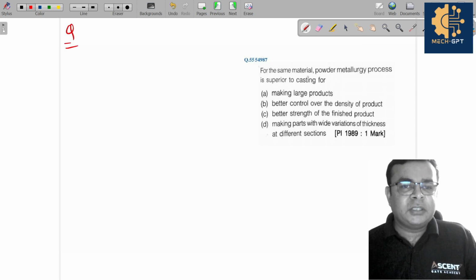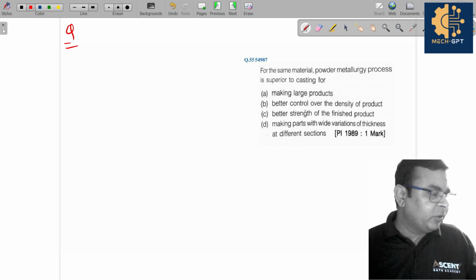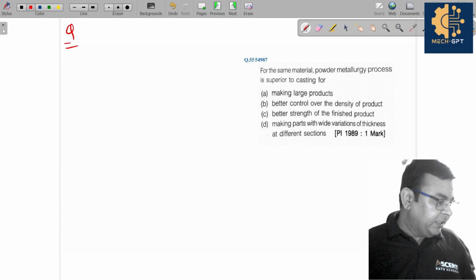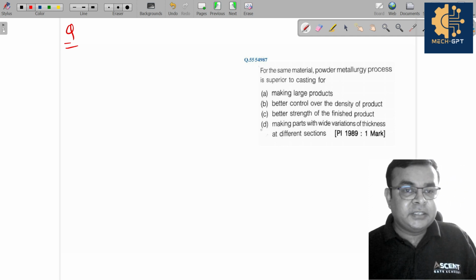Okay, let's see. For the same material, powder metallurgy process is superior to casting for making large products, for better control over the density of the product, better strength of the finished product, making parts with wide variation of thickness at different sections.